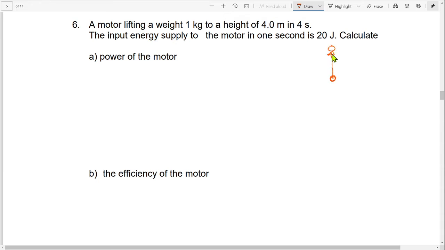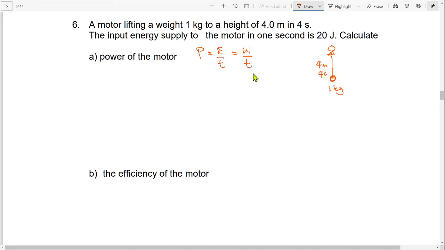The distance here would be 4 meters, and the mass of this is 1 kilogram. Time taken is 4 seconds. So calculate the power of the motor. To calculate power, power equals E over T, or we can also write this as W over T.